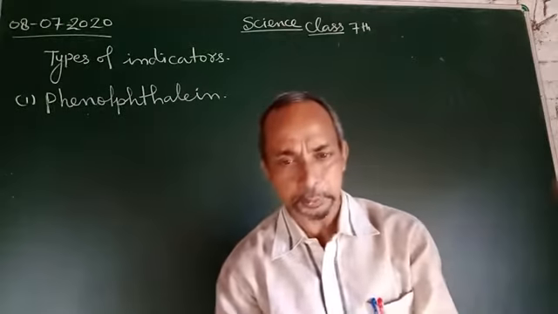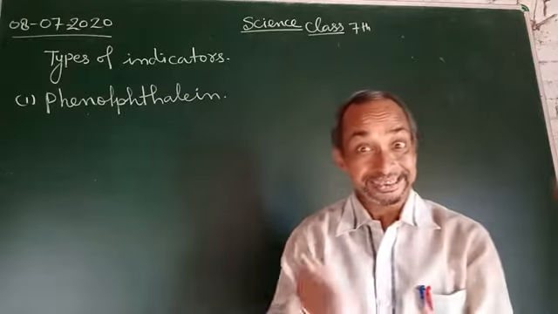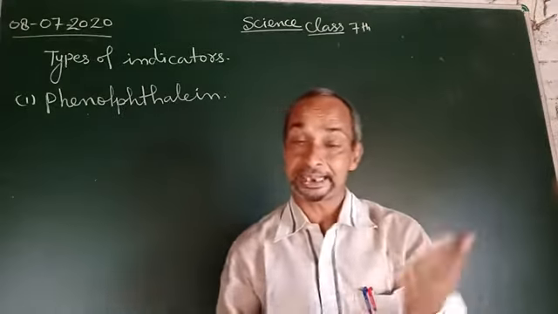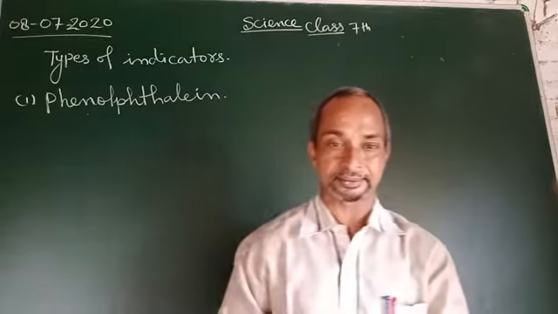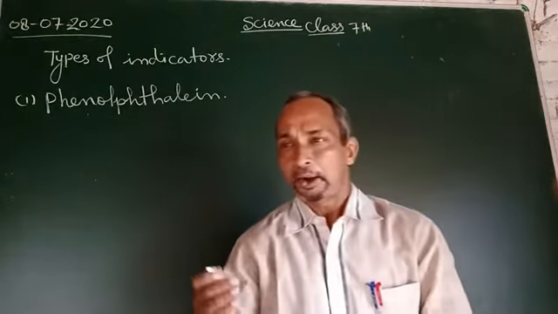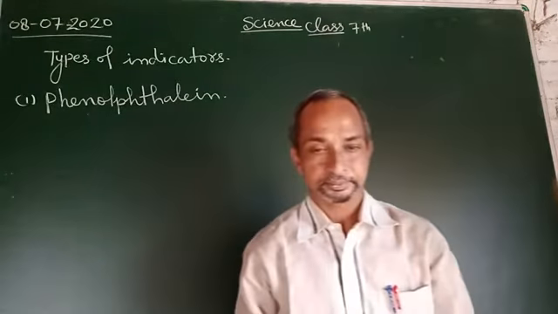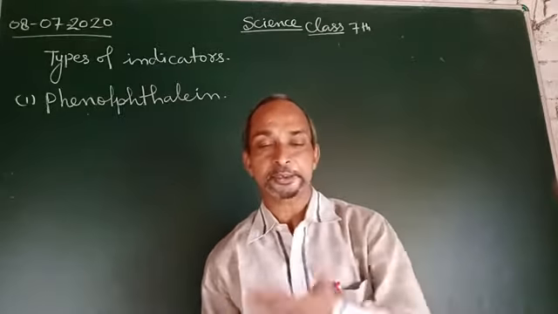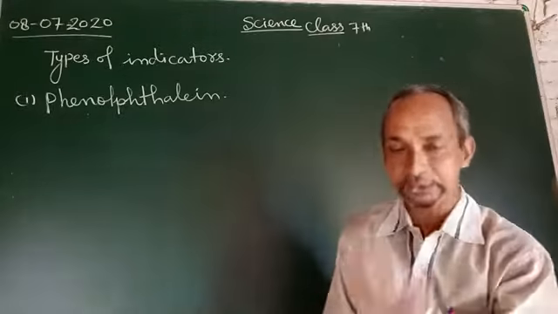Anybody can ask you: suppose an acidic solution with phenolphthalein gives colorless and a basic solution gives pink color, or turmeric, litmus paper, China rose give different colors for acidic solution and different colors for basic solution.